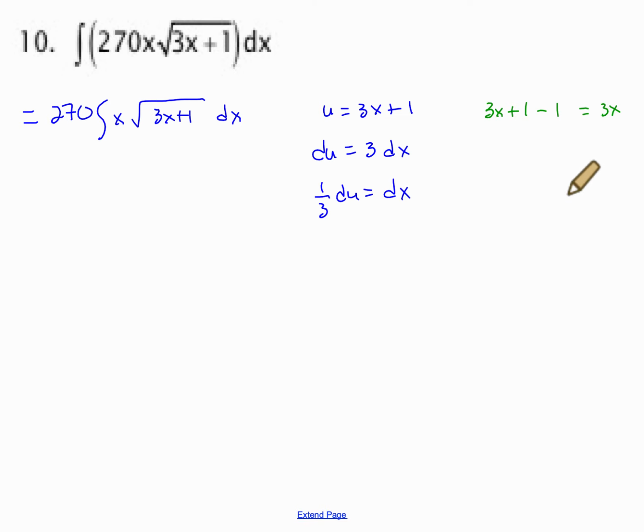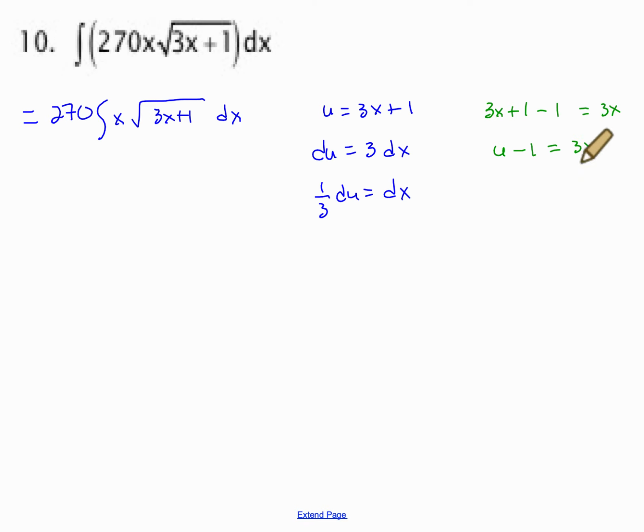Obviously, 1 minus 1 is 0. So I'm going to go ahead and replace 3x plus 1 with u, because that's what it equals. So 3x plus 1 becomes u. So we can agree that u minus 1 is equal to 3x.